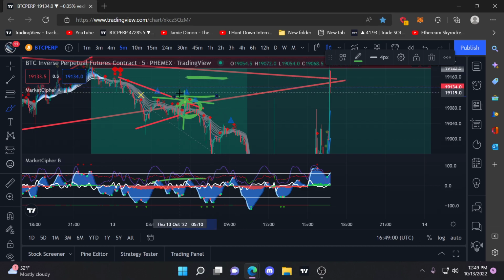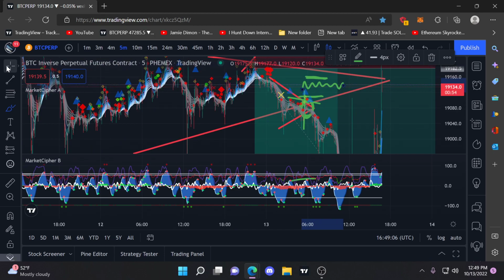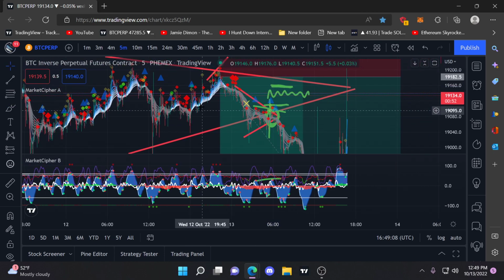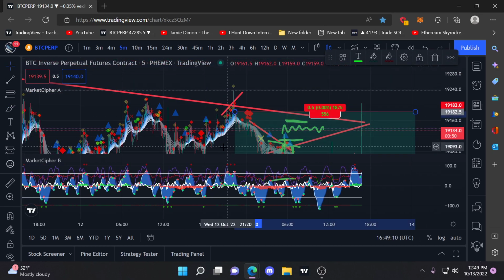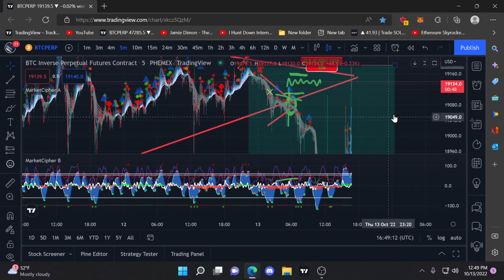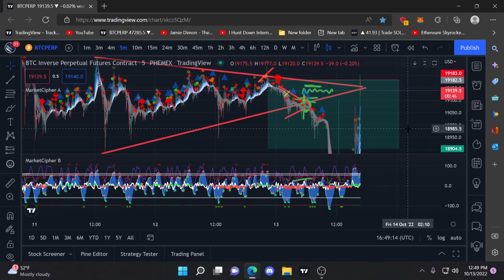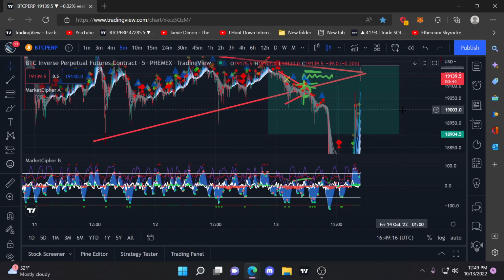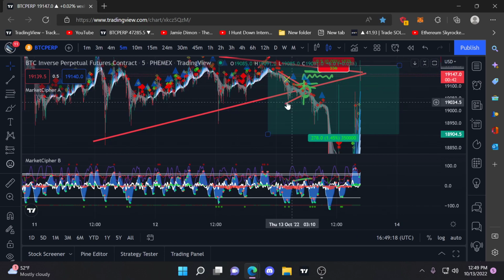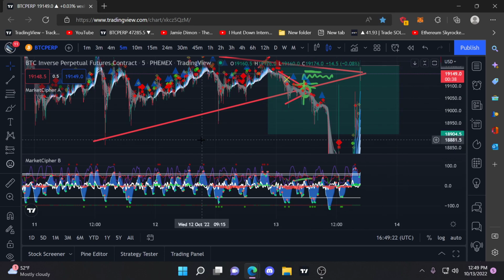So all of this right here is now locked in profit. So now, instead of risking on this trade, I'm risking nothing to gain a lot. I don't know how I can explain that any better. I'm risking nothing to gain a lot more.